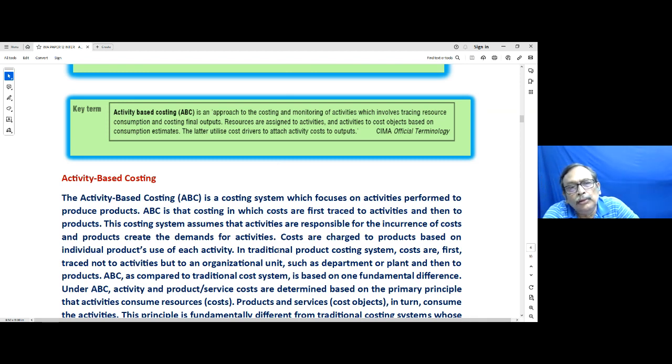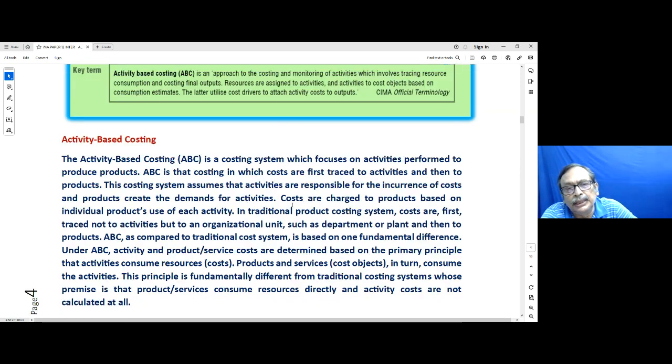So looking into this terminology, which is given by the CIMA as per their official terminology, you are going to consider activity-based costing in a simple sense. How, we are going to discuss.